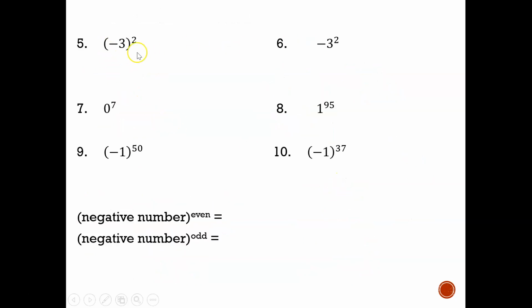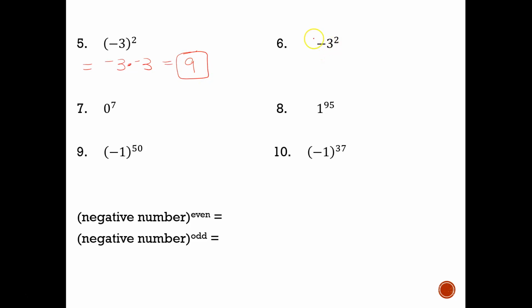5 and 6 are kind of like the previous two examples, except now the exponent's even, and let's see what happens with that. So on number 5, because we have the parentheses, we're going to repeat the negative along with the 3. And when we multiply those, that's going to equal positive 9.